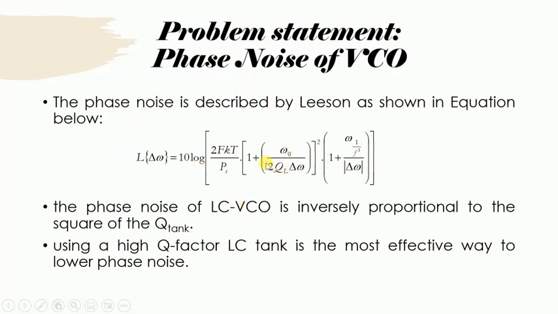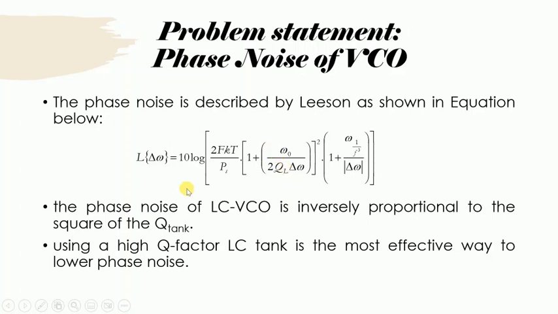This equation has been described by the Leeson formula. This is the phase noise, and now we are only focusing on this QL, which is the Q tank. From this equation it clearly shows that the phase noise of the LCVCO is inversely proportional to the square of the Q tank.